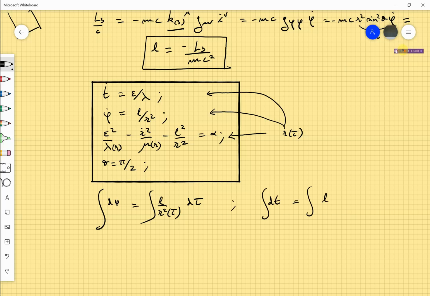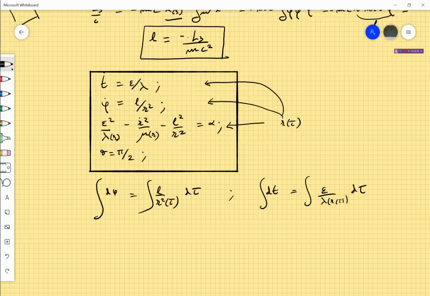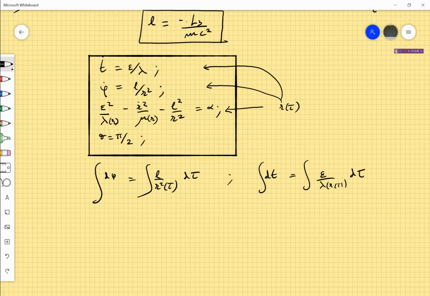You get epsilon divided by lambda of r of tau d tau, and this will give you phi of tau, t of tau, and finally you have theta of tau equal to pi over 2. So this is a complete solution.